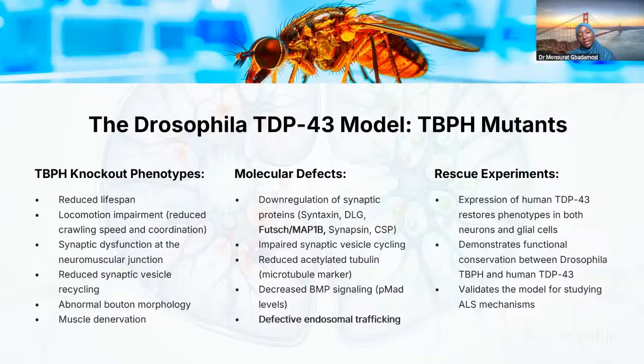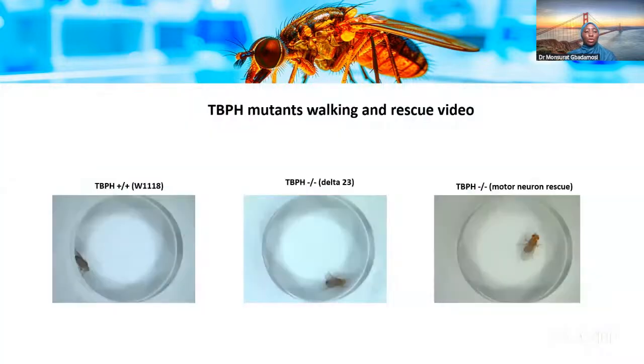So this further validates the model for studying ALS mechanism, and it also demonstrates that the mechanism of functionality of TDP43 is conserved between Drosophila and human beings. So we can use Drosophila to study ALS in human beings.